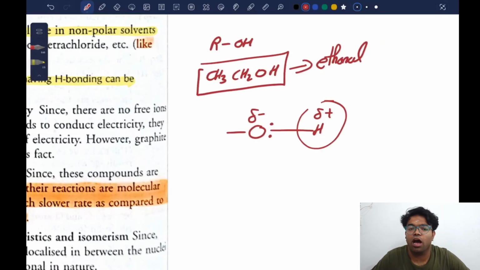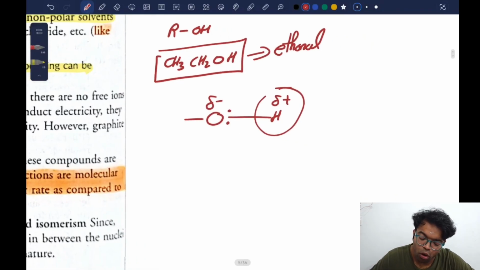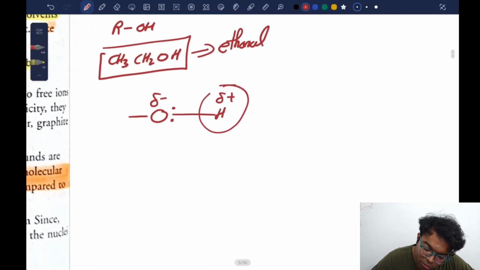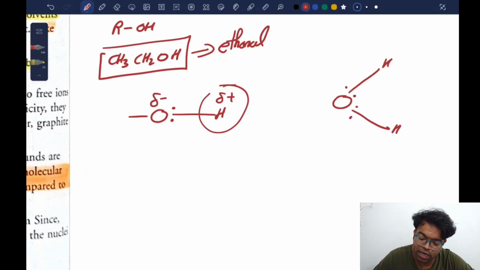So this positively charged hydrogen will now try to attract the negatively charged atom, oxygen, in water. Oxygen in water also exists like this only. Look at this. This is oxygen, this is hydrogen, this is hydrogen. Oxygen, being selfish, is attracting both the electrons towards itself. Therefore, it has a positive charge here, a positive charge here, and a negative charge here.